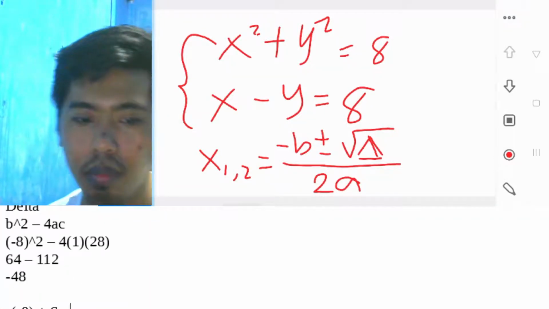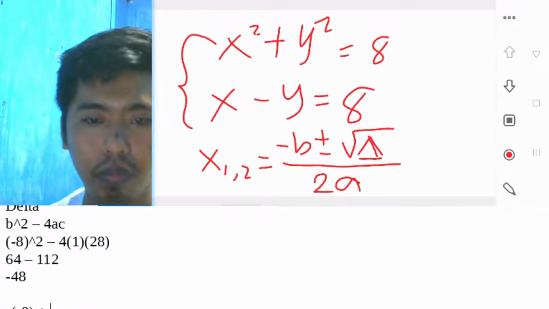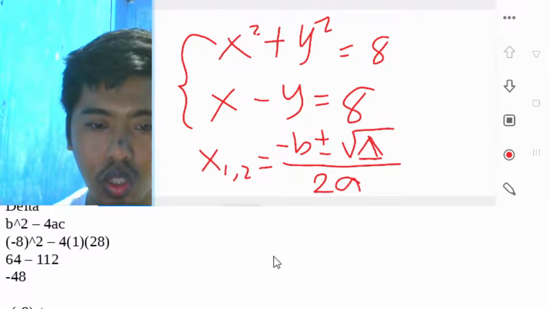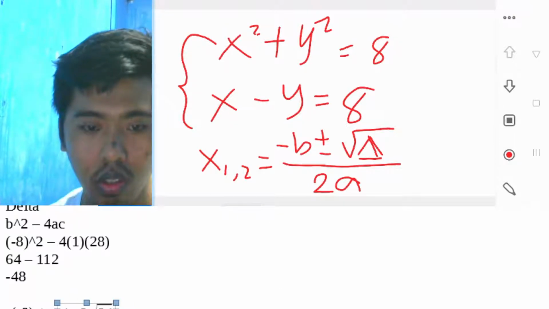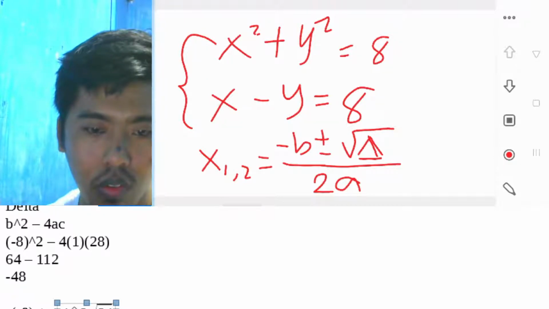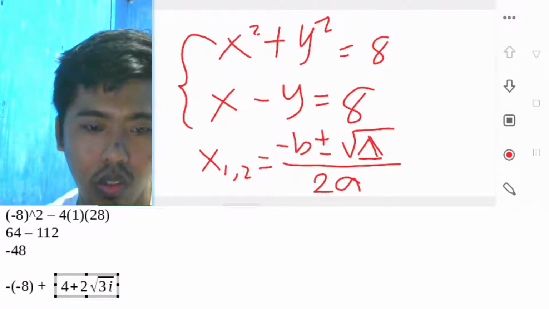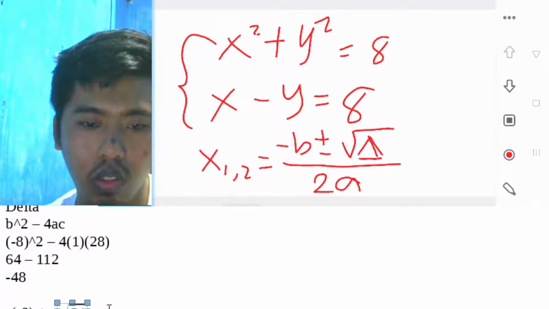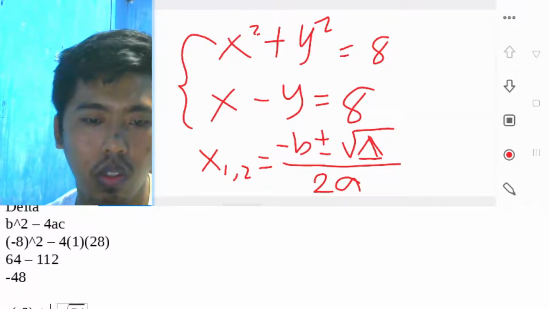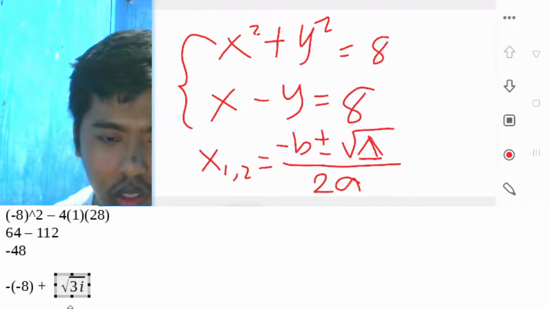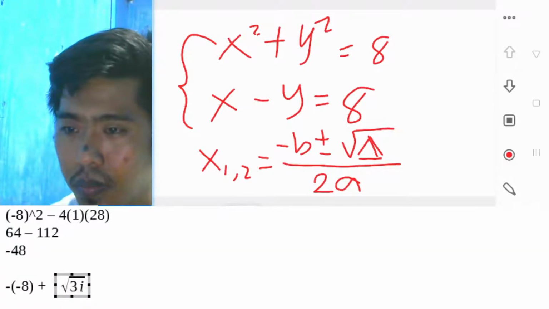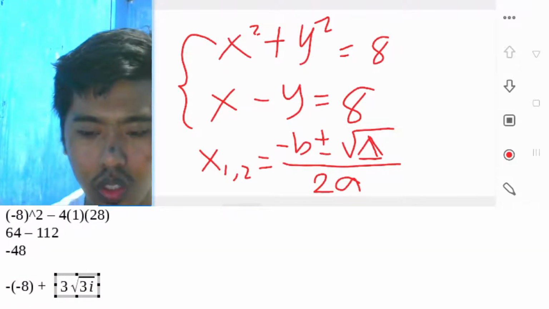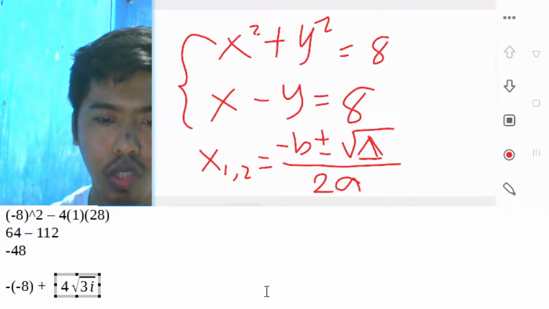It will become negative 8 plus minus 4 square root of 3i.